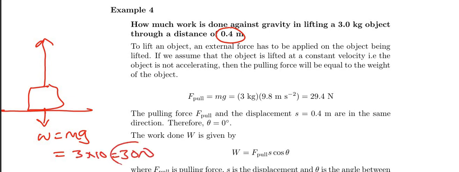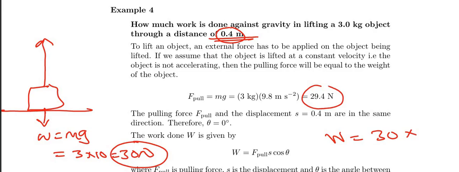So the force that you're countering is 30. The distance you have is this guy here, 0.4. So the work done is simply going to be the 30. Then they got 29.4 because they used 9.8. Hope you're able to see. Then I'll multiply this by my 0.4, the distance.